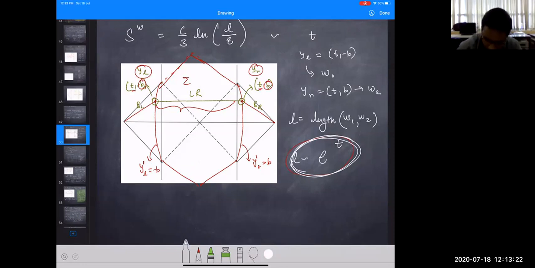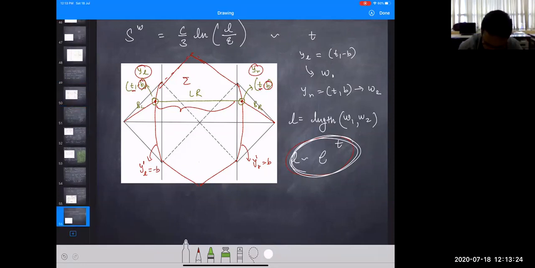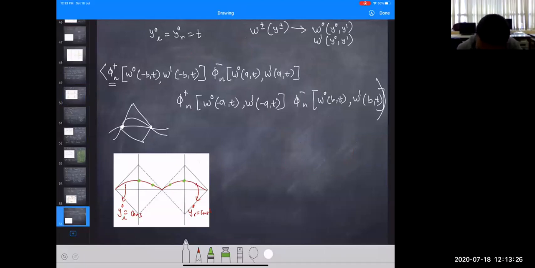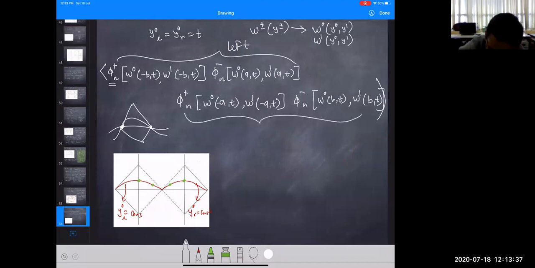The point I'm trying to make is that I'm trying to compute the entanglement entropy of the two intervals, and these two intervals are basically where the twist operators are inserted. So this is on the left interval, and this is on the right interval.